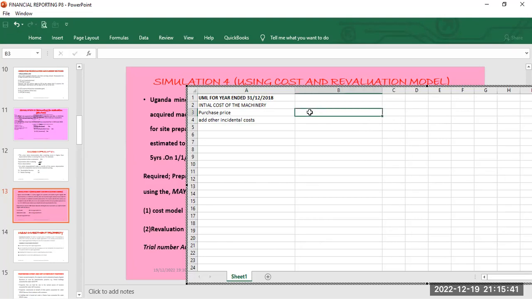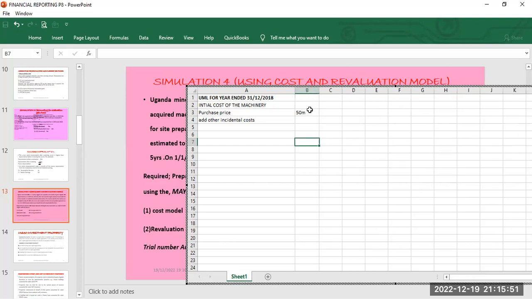We first add these other costs that are incurred.